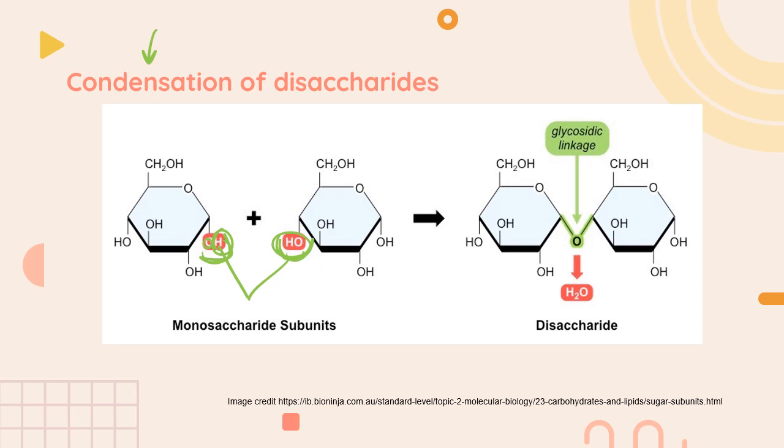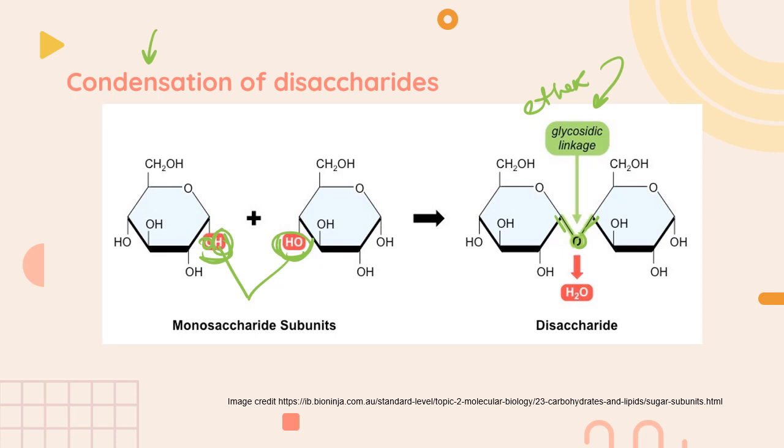And then the oxygen that's left becomes this bond in the middle. So we have an ether. Again, it is an ether. It's a special kind of ether that we're going to call a glycosidic linkage because it's glucose and other sugars. So glycosidic linkage, kind of like we talked about those amide linkages in our proteins, glycosidic linkages in our disaccharides.